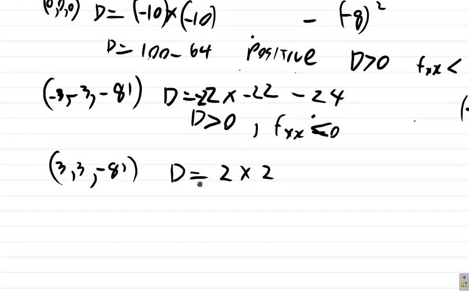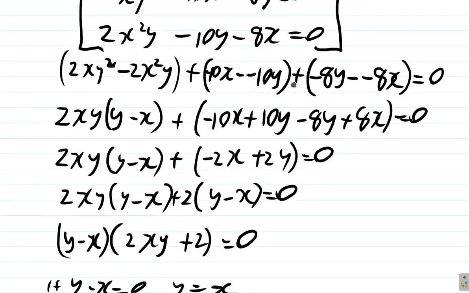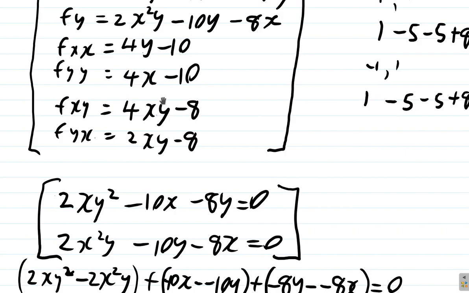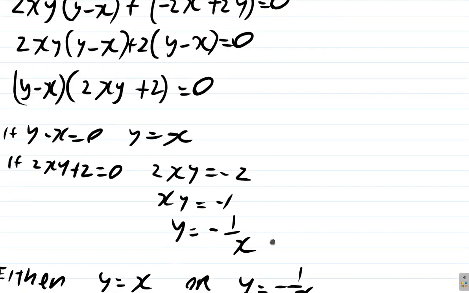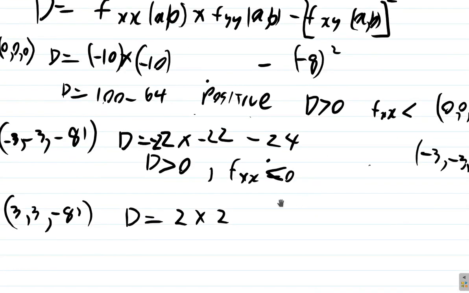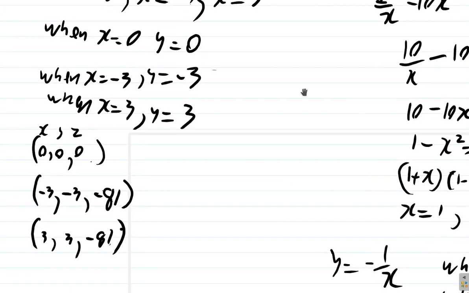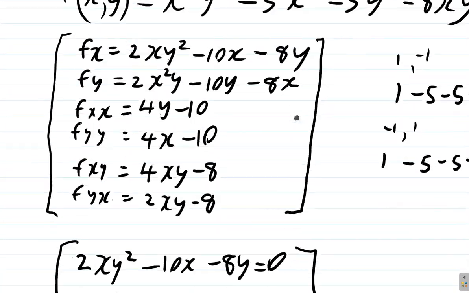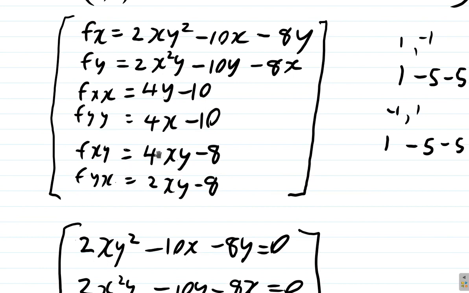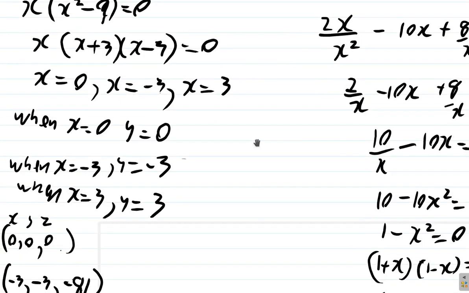When x is 3, y is 3, fyy is 4 by 3 is 12, 12 minus 10, it's 2 as well. So we have 2 times 2, minus fxy squared. When x is 3 and y is 3, fxy, 3 by 3 is 9, 9 by 4 is 36, 36 minus 8 is 24, and the 24 will be squared.